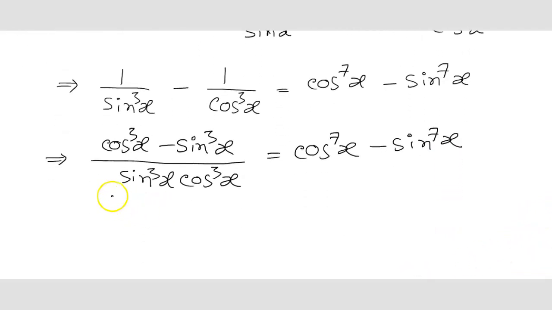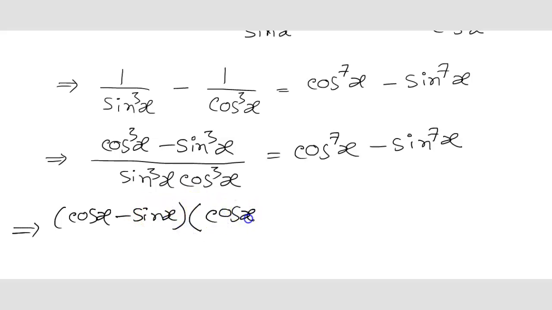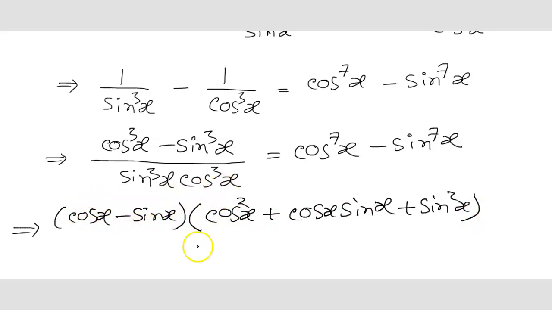Now if we do some factorization, it factors into cos x minus sin x and cos square x plus cos x sin x plus sin square x, right? Yeah, it is simple, like the a cube minus b cube formula. It's that simple.